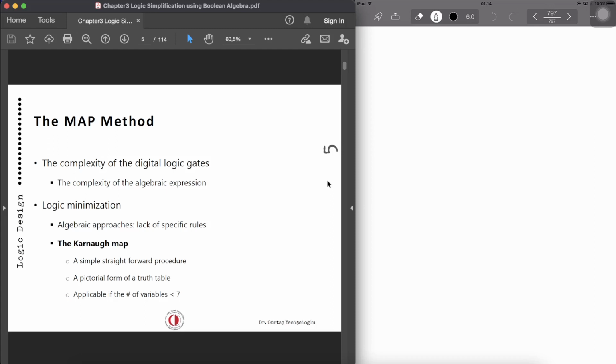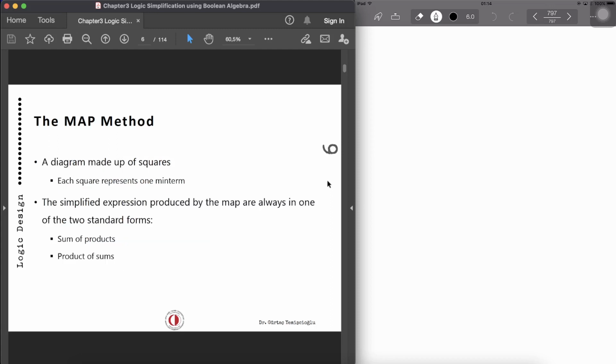With the map method, one thing that you need to know is that it is a diagram made up of squares, or you may call them windows. Each square represents one minterm. When we combine these squares, which I will explain in a minute, we can produce a simplified expression, and this simplified expression is either in SOP form or POS form.